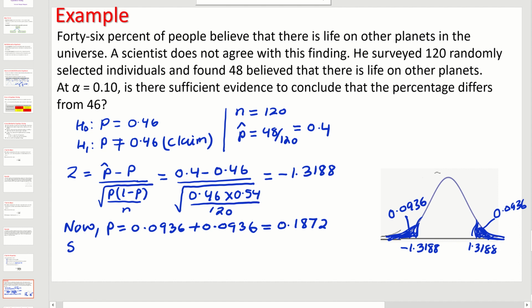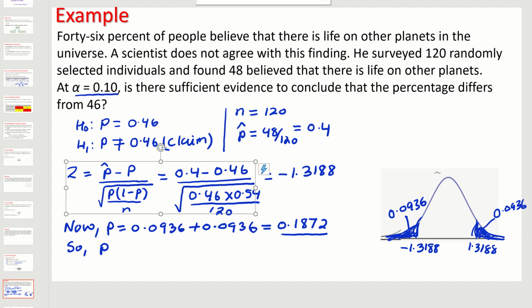So what we got is the p-value which we obtain here is greater than the significance level. So p is actually greater than alpha. So since p is greater than alpha, we fail to reject the null hypothesis.